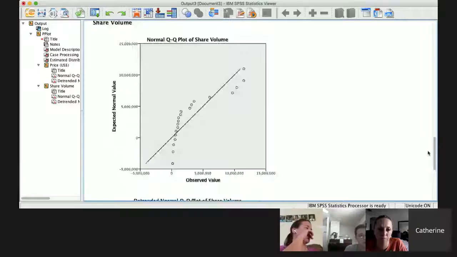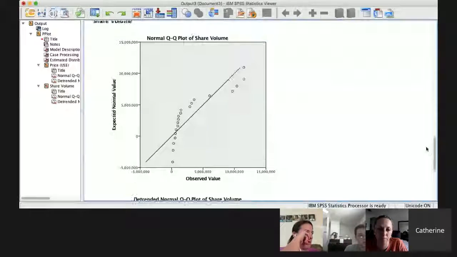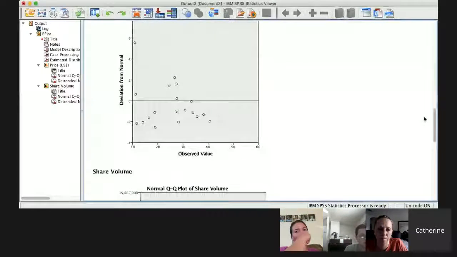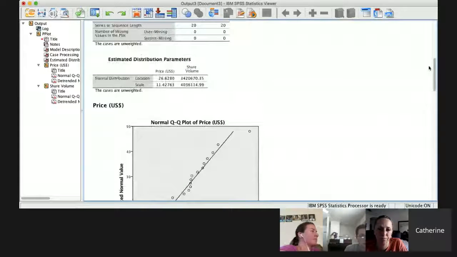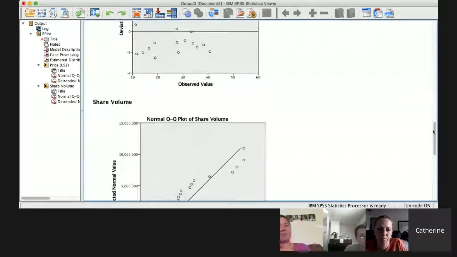Out of the two variables, price and share volume, the price shows a more distinct non-normal trend, or the volume shows a more distinct non-normal trend. They're separate here. Which one shows a more distinct non-normal trend?